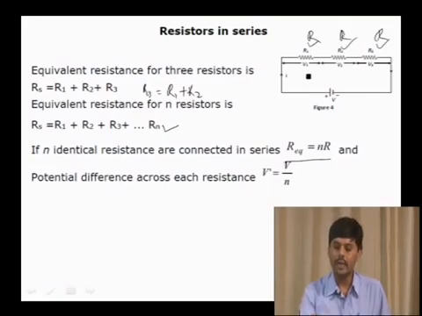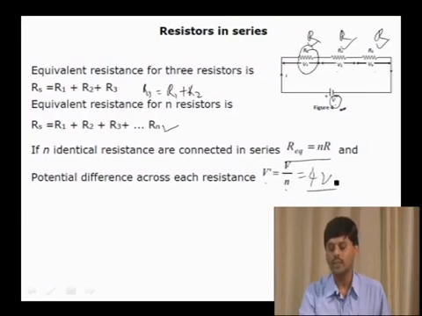Similarly, how do you calculate the voltage across each? The total voltage given is V, and the voltage across an individual resistor, V dash, is equal to V divided by n. Suppose you connect 3 resistors and the total voltage is 12, then 12 divided by 3 gives 4 volts each, meaning voltage is divided equally when equal resistors are connected.